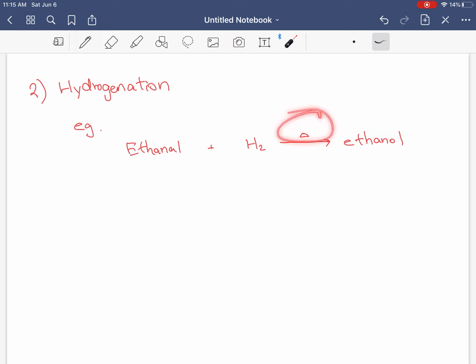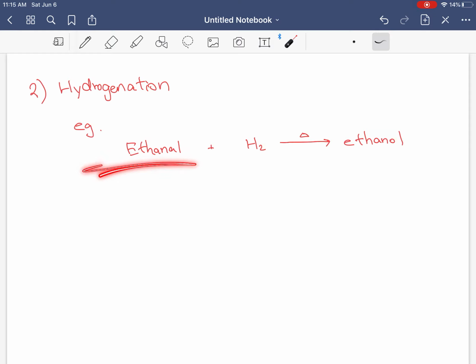When I say a little bit of heat, I'm really talking about anything higher than SATP. There's no specification in terms of what, because every aldehyde is going to be different. All they'd ask you to know is that you won't jumpstart this reaction unless it's above SATP.